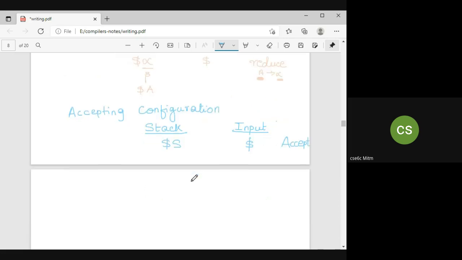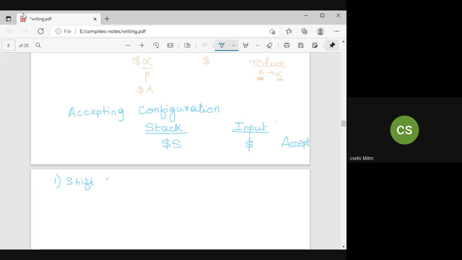Next, you write the four primary actions of a shift reduce parser. First operation is shift.